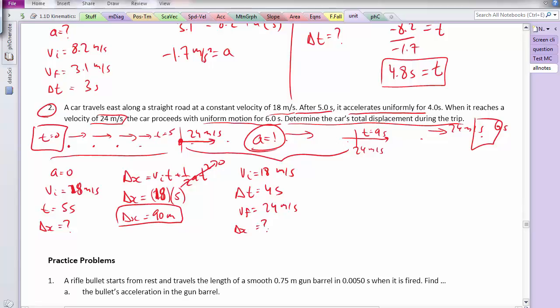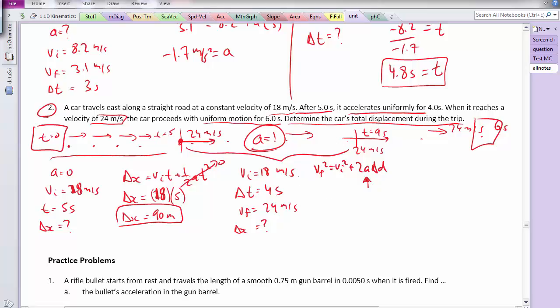Well, for this one we can use equation 3, which is that v final squared is equal to v initial squared plus 2a delta d. Shoot, we can't use this one yet because we need the acceleration. So first we need to find the acceleration using a different formula.